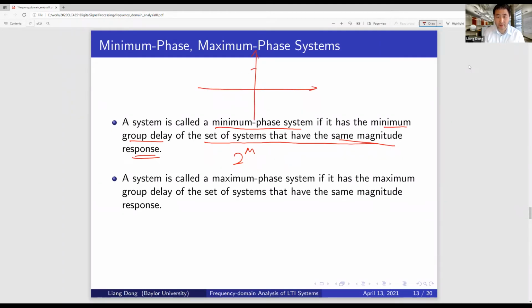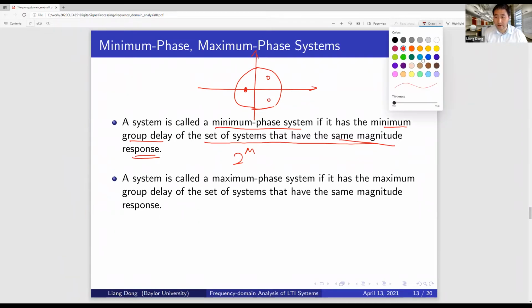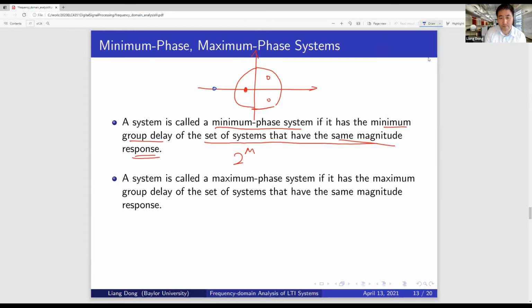If you have zeros, let's say I have a real zero here, and another complex zero here. Now, if I move those zeros exactly to their reciprocals, so 1/2 becomes 2 here, and this one flips to here.